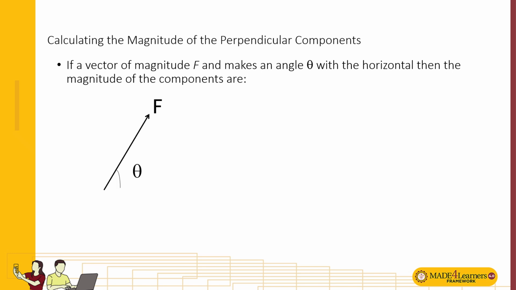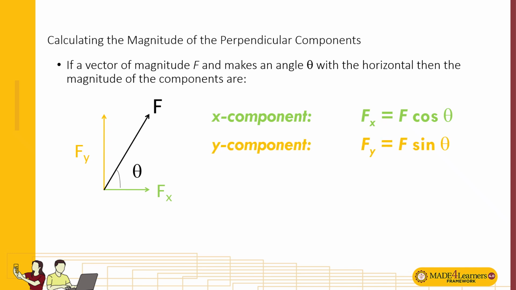So the perpendicular components, we label it as F sub y for the vertical component and the horizontal component or x component as F sub x. So this is the formula to solve for the x component and this for the y component. So why do we have cosine?